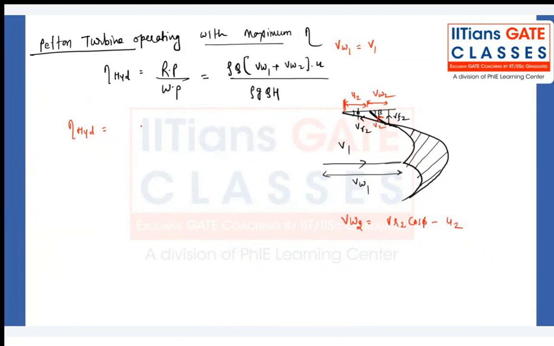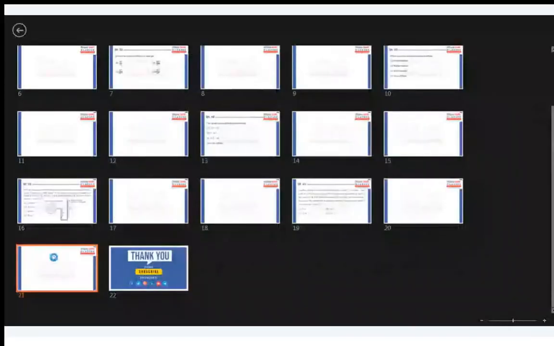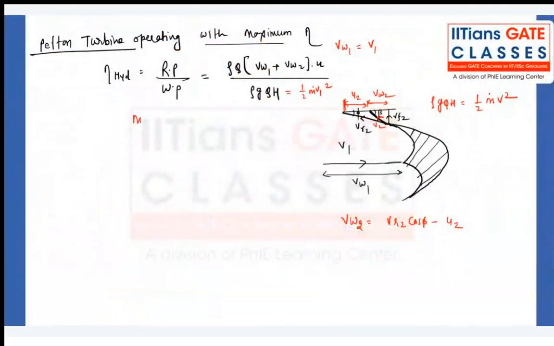Here rho g q h is equal to half m v square, half of mass flow rate into v square, and the mass flow rate is rho times q.